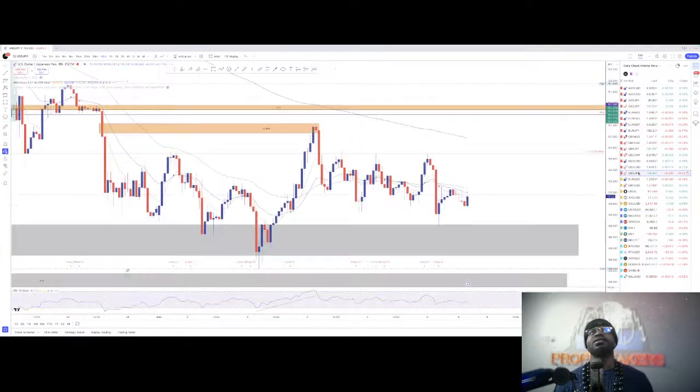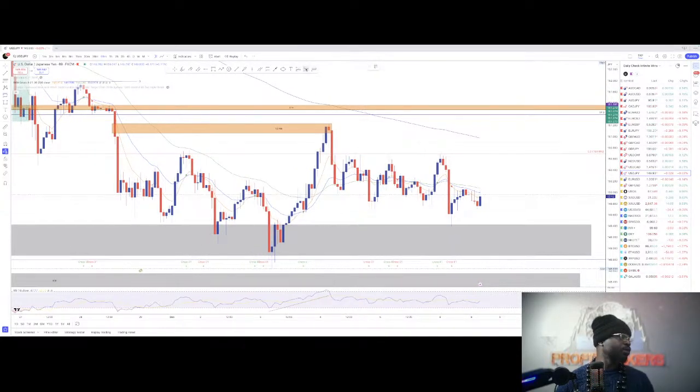USD JPY. Okay, so the entry on, hold on, 1 hour.